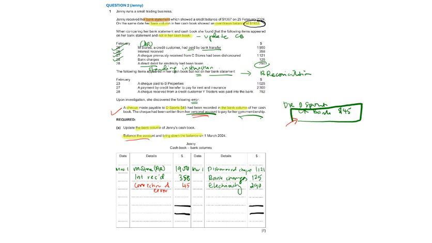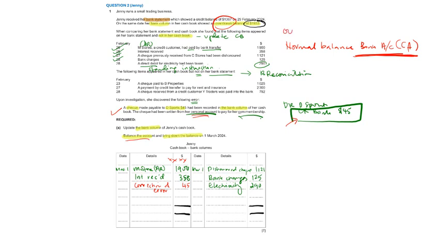So the normal opening balance for a bank account, debit or credit? This is your current asset. Current asset always debit. So by right, your balance should be on the left side. But look at the word here, overdrawn. Overdrawn means it's on the right side.